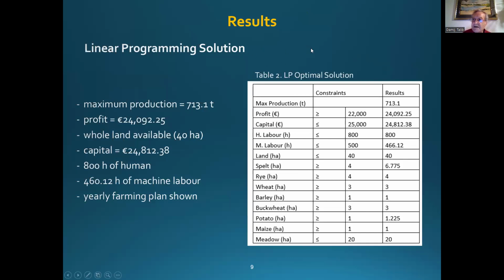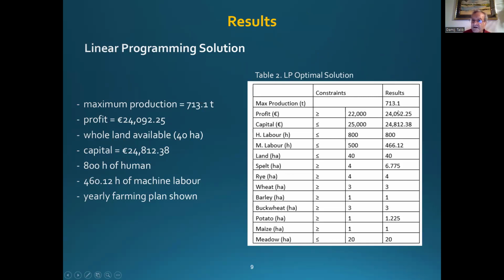Running the simplex approach of Excel Solver, we obtained 2 solutions. The linear programming solution is shown in the last column of table 2. As you see, the production is more than was specified, so it is 713 tons.